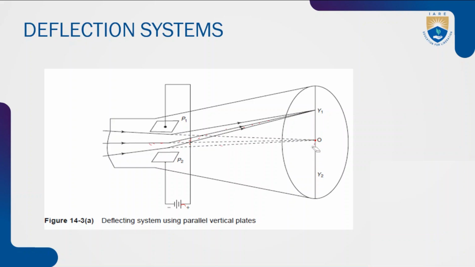In this way, with the help of P1 and P2 and the potentials connected to them in the vertical deflection system, the electron beam spot moves vertically from top to bottom and bottom to top. Similarly, we have the horizontal deflection system.